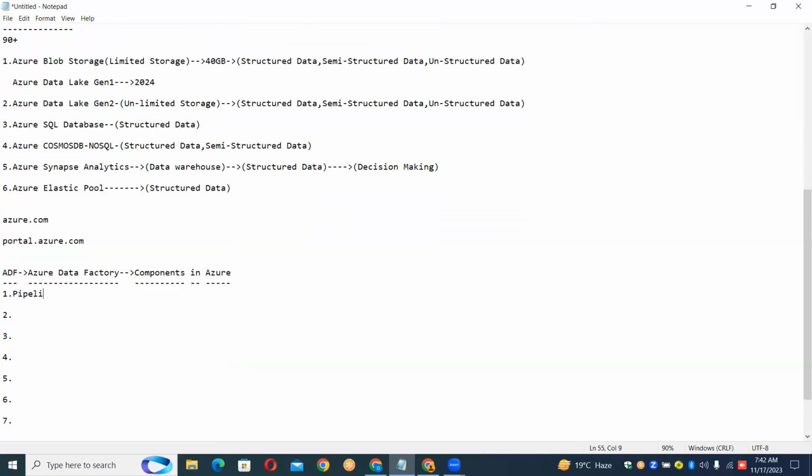The first one is called a pipeline. The second one is linked services. The third one is datasets. The fourth one is activities.